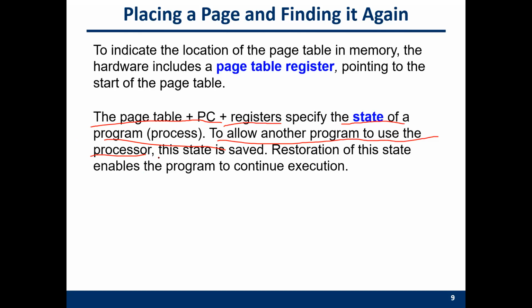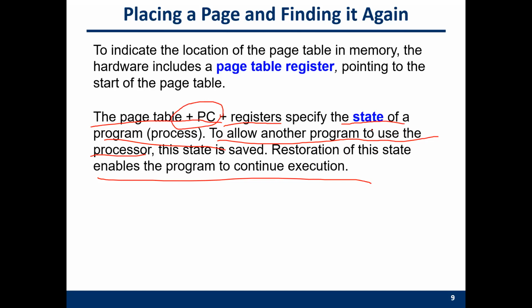Restoring this state enables the program to continue its execution. So you can see that each application's page table register is actually related to its program counter. Different applications may have different program counter values, so in this way they can distinguish each page table.